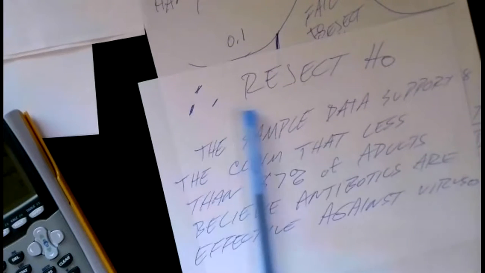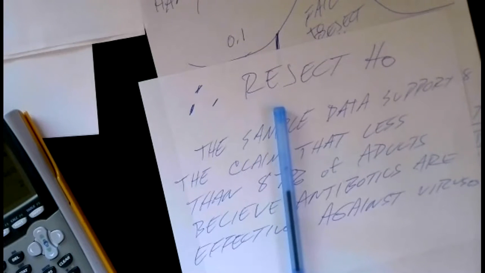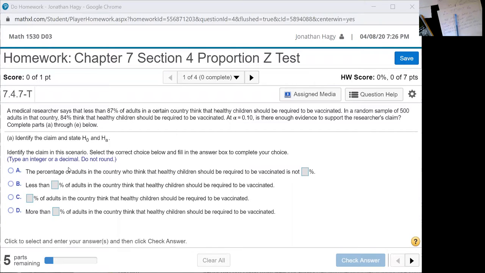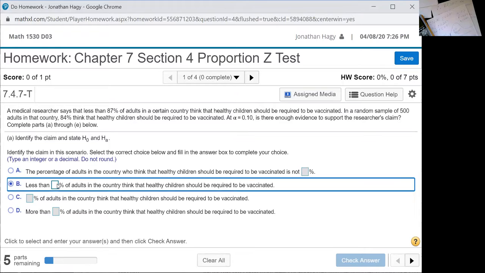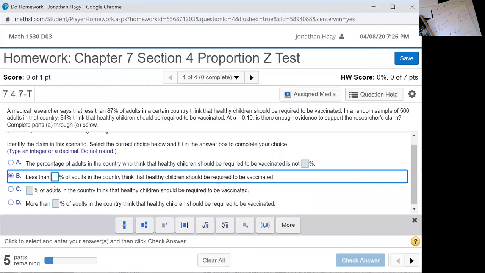Okay, now let's go back to the question. So identify the claim. It is less than 87%.